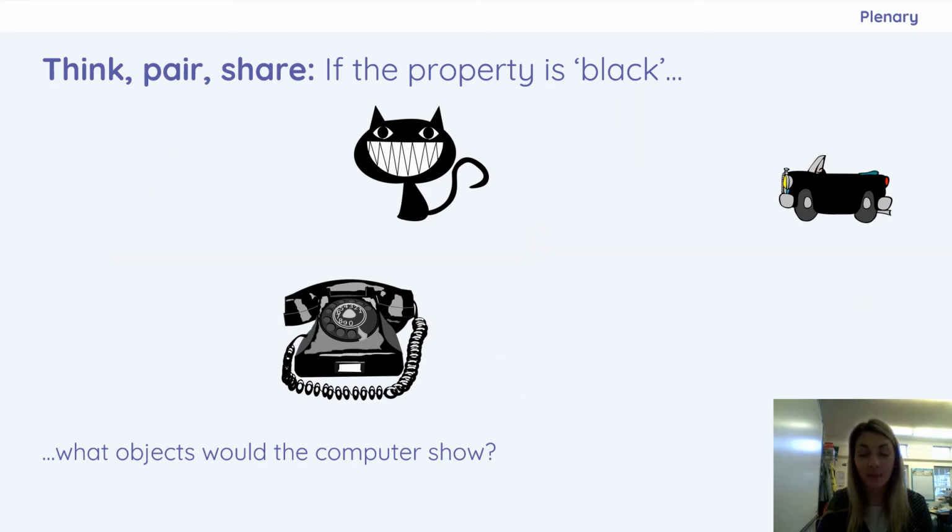Are they the 3 objects that you picked? Well done. So the cat, the phone and the card, they all have the main colour black and they would all show.